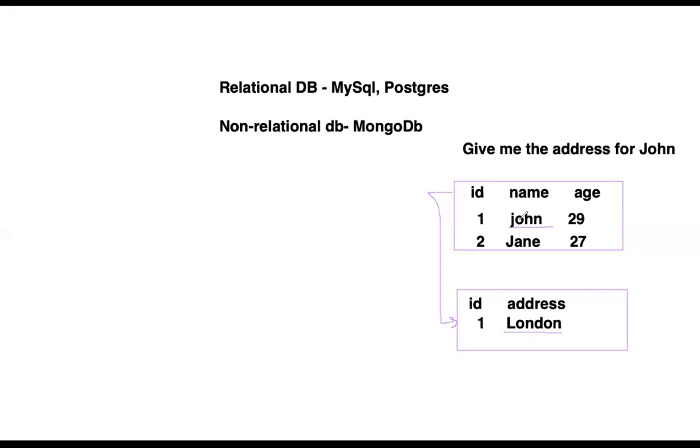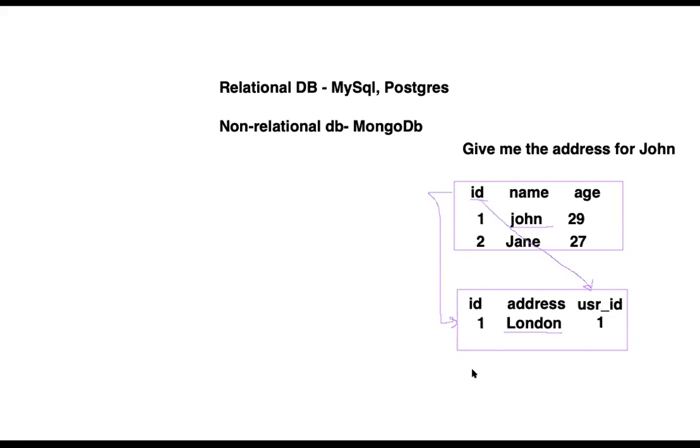So I need a way to connect to this table and I will use this ID as a connector. Okay. And I can call this as, let's say, user ID. Okay, there is a field which is called user ID and there I have given the value 1. So now with this connection, if I try to fetch this data of John, I would say that okay, connect my table of users to the table of addresses and I can fetch the details.